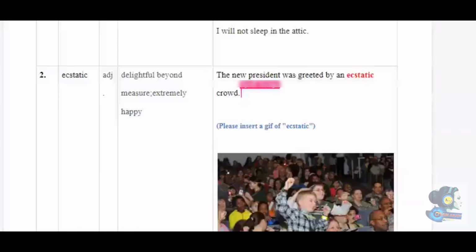By the way, Sandy, can you please read the sample sentence? Thank you. The new president was greeted by an ecstatic crowd. Another example, let me just type it here.